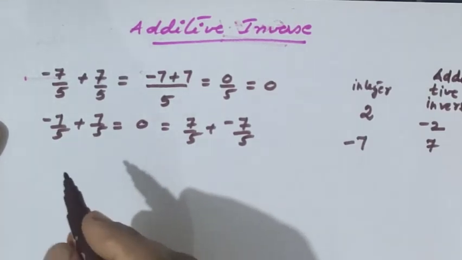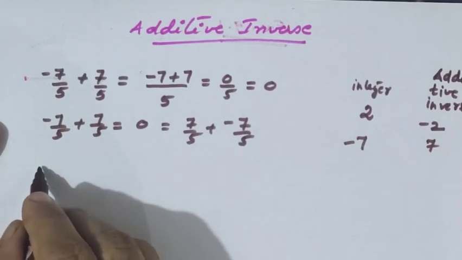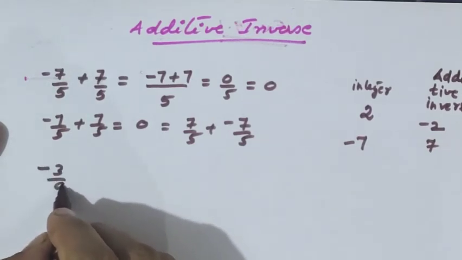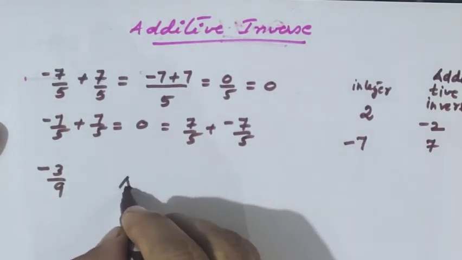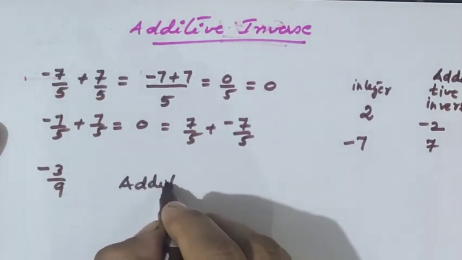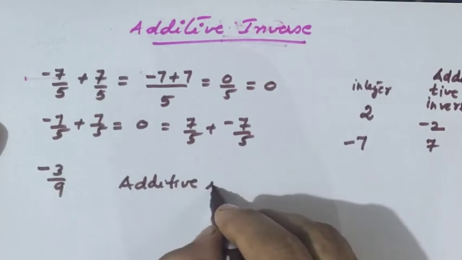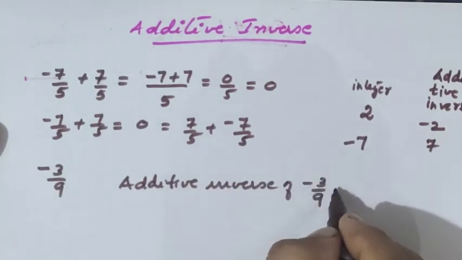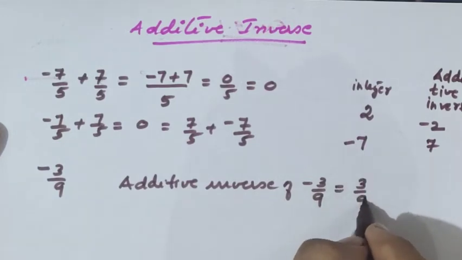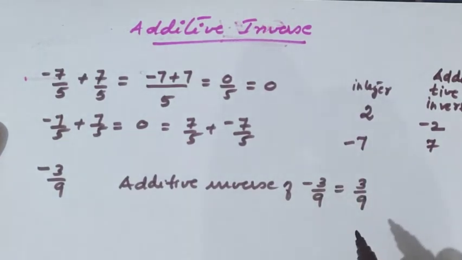So once again, what is the additive inverse of minus 3 by 9? We should write additive inverse of minus 3 by 9 equal to 3 by 9. Just change the sign.